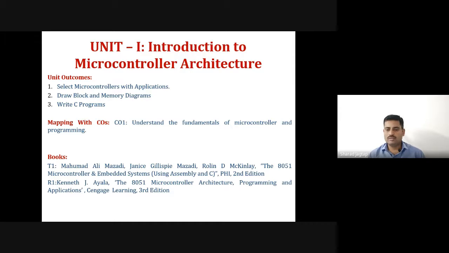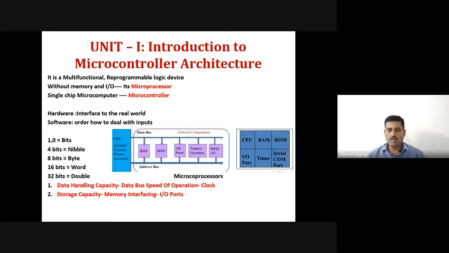For this first unit, we have to refer to the book T1, that is textbook 1, by Muhammad Ali Mazidi, and the name of the book is The 8051 Microcontroller and Embedded Systems. And one more reference book by Kenneth J. Ayala, and the book name is The 8051 Microcontroller Architecture, Programming and Applications.